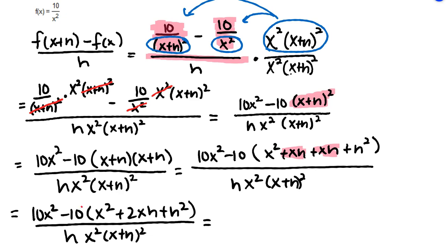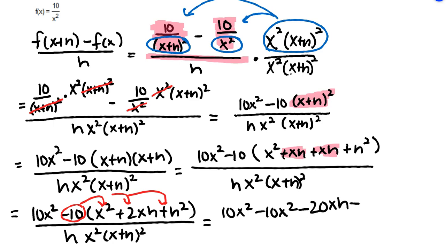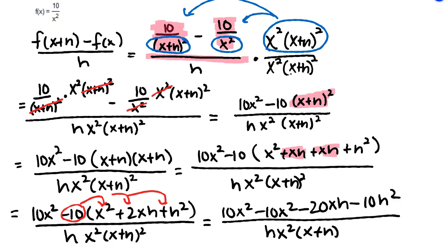And now I'm going to distribute this negative 10 to all the terms in the parentheses. That's 10x squared minus 10x squared minus 20xh minus 10h squared over h x squared times (x plus h) squared.